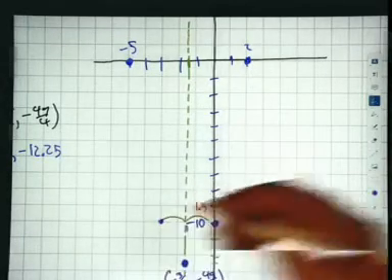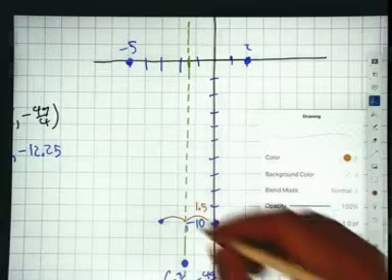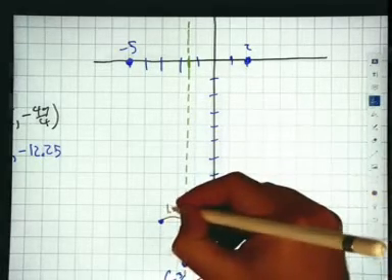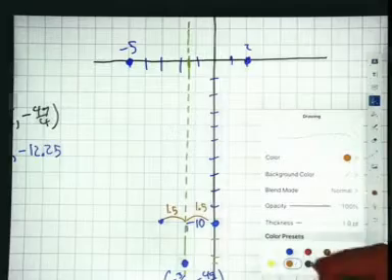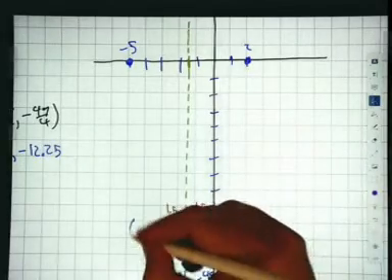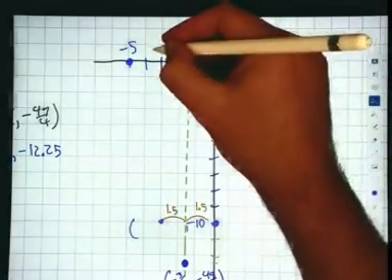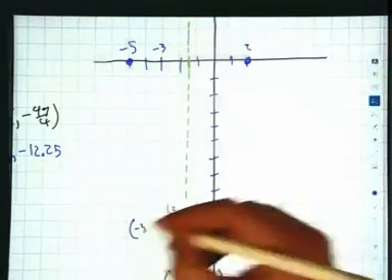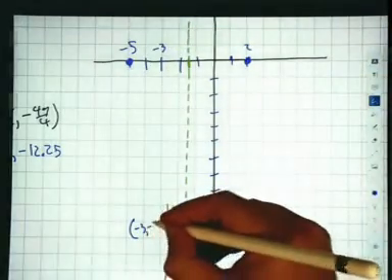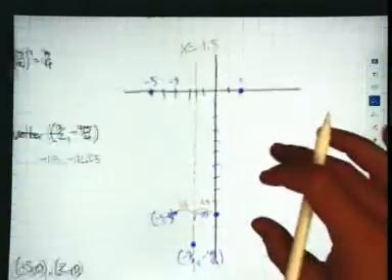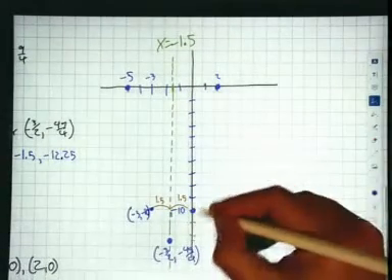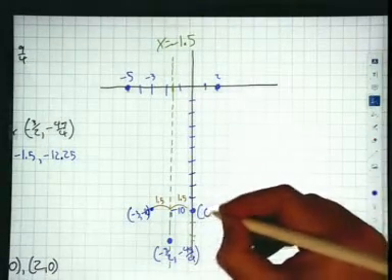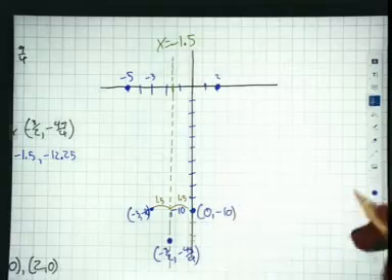Plot a point. So again, that's 1.5 units over. And I'm going to quickly label this point. This point is going to be at negative 3, comma, negative 10. This point is at 0, negative 10.